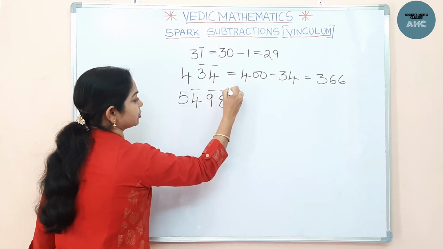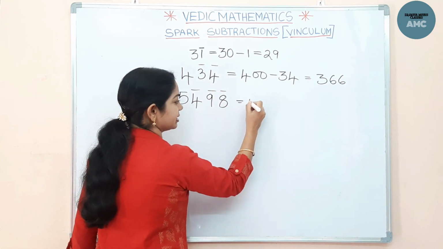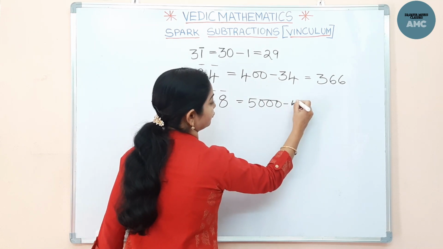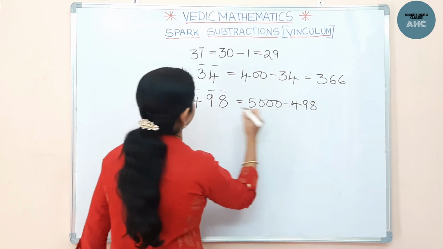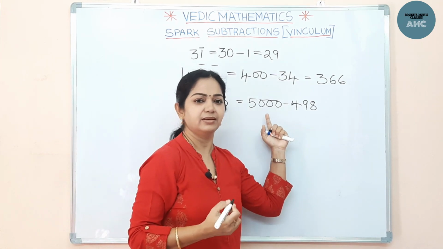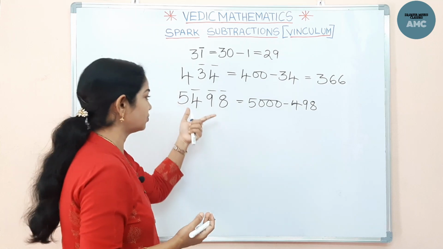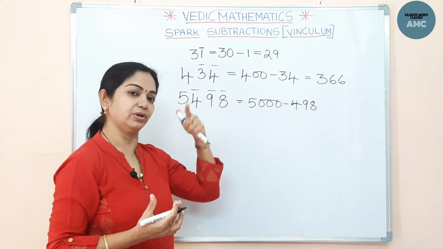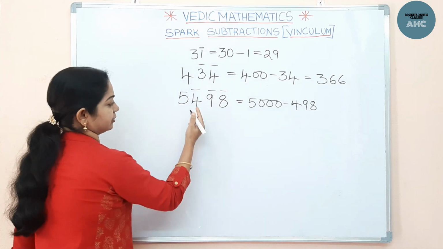Now the bar is placed on 3 digits. That means this number is equal to 5000 minus 498. Right. So again, doing this subtraction is very a bit hard. Like, so how do I convert it? How do I convert a Vinculum number to a normal number? I'll be telling you now here.